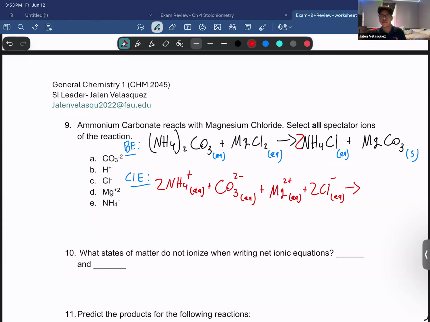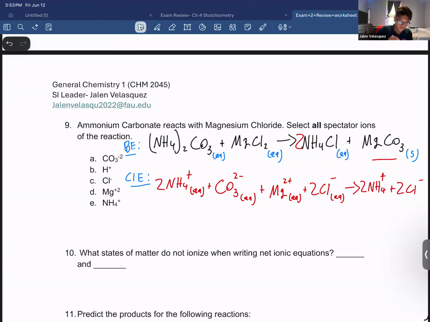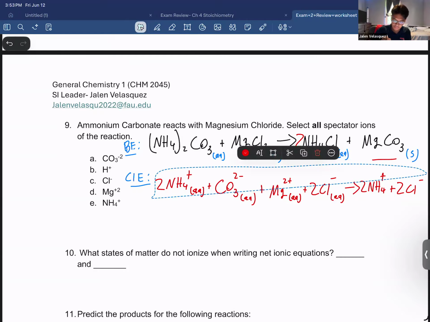Right, we move to the products now. We're gonna have 2NH4+, 2Cl-, and then the solid magnesium carbonate. Remember, we don't ionize that. So let me just move this because I'm running out of space.